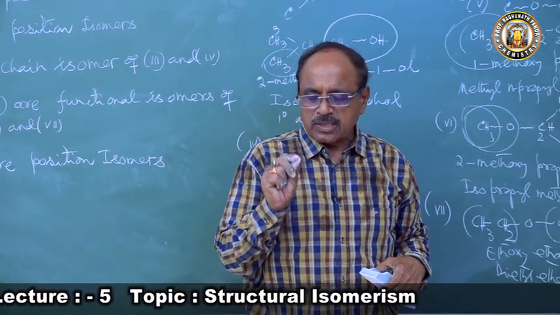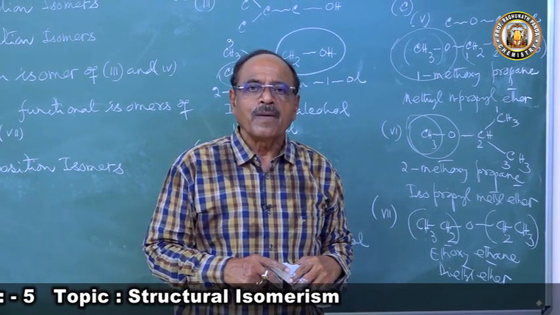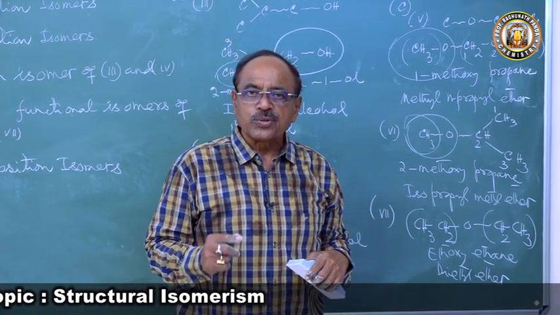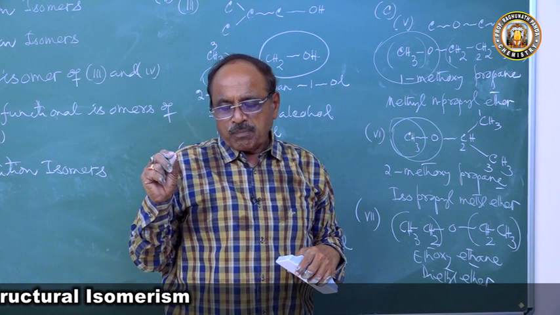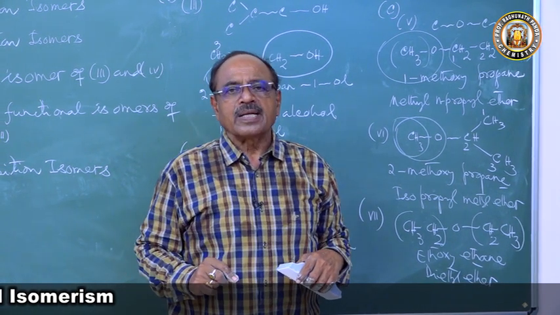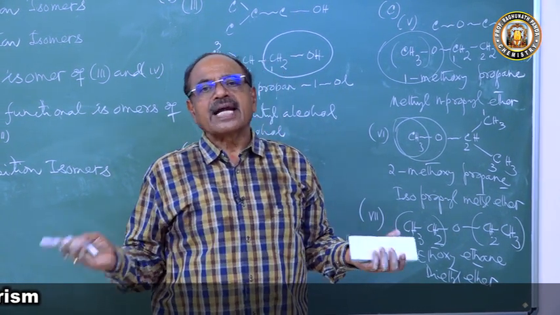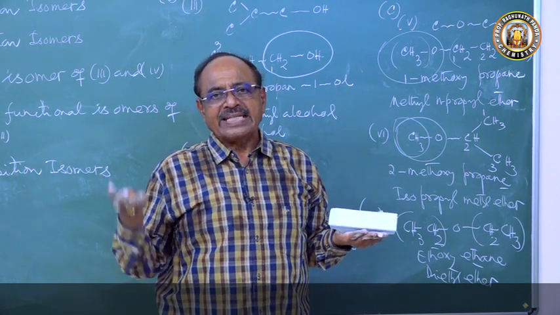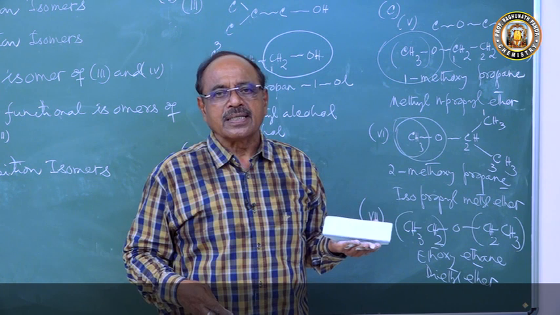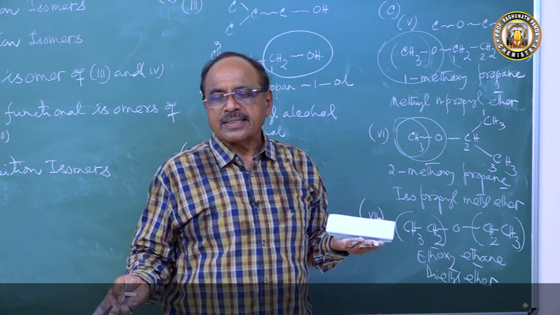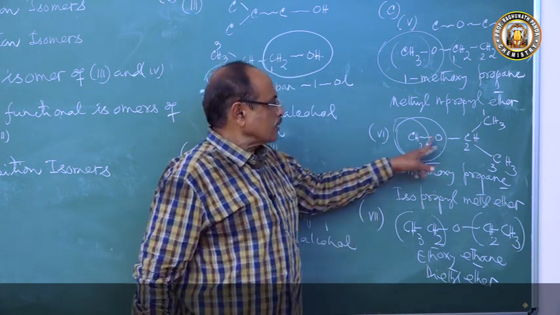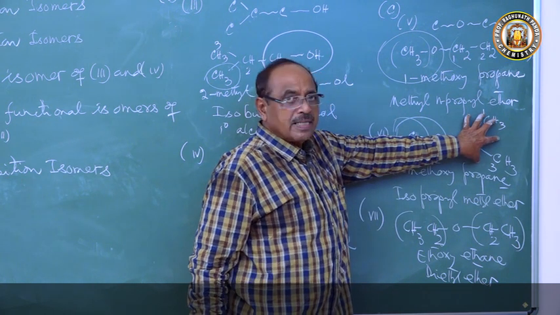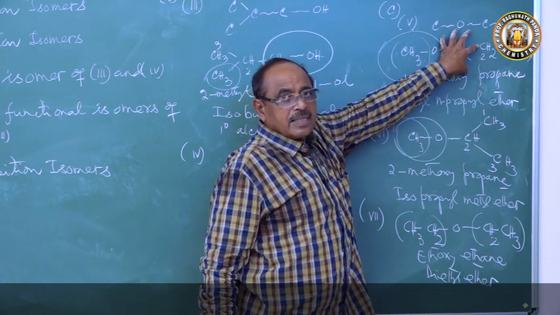When compounds having the same molecular formula but different structure due to different possible arrangement of the carbon atoms on either side of the same functional group are said to exhibit metamerism. And each structural form is an isomer, a metamer of the other. So here on oxygen you have 3 carbon atoms this side, 3 carbon atoms this side.